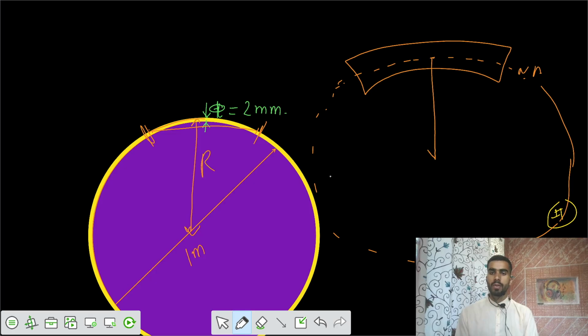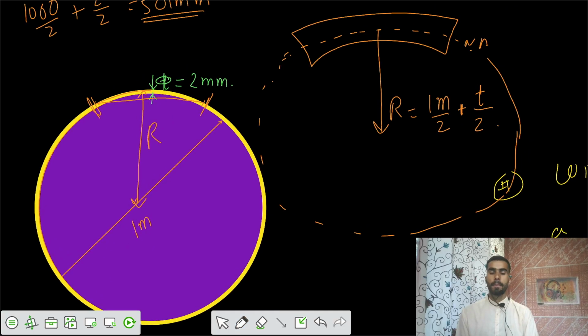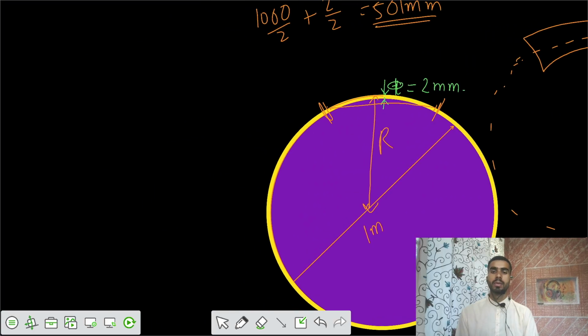So r equals 1 meter by 2 plus the thickness by 2, so 1000 by 2 plus 2 by 2, which is 501 mm. So the radius of curvature is 501 mm.